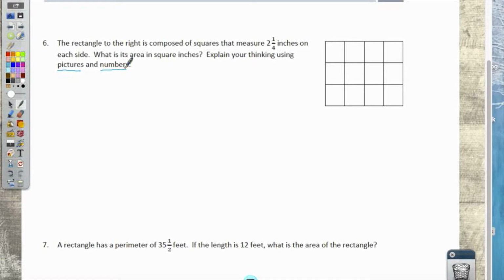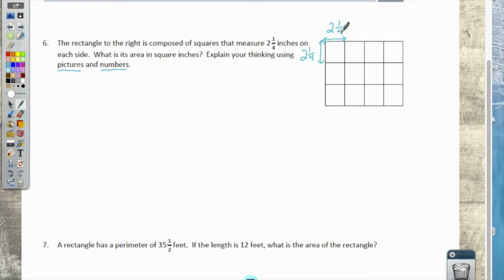All right, so here's what I'm going to do. I want you to go ahead and draw an arrow here, because this side length of that square is 2 1/4 inches, and label it. And then draw an arrow here to show that this side length is 2 1/4 inches.